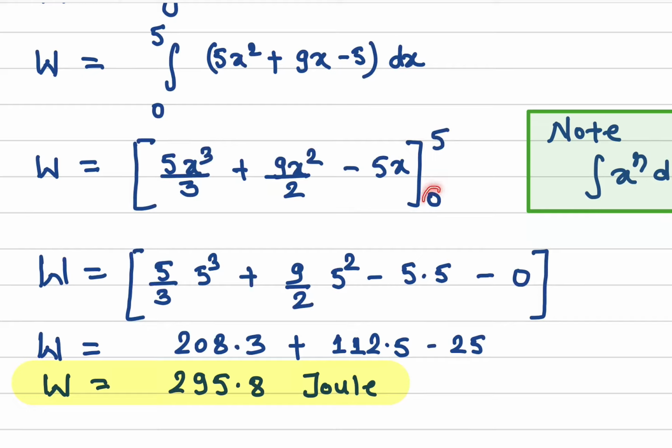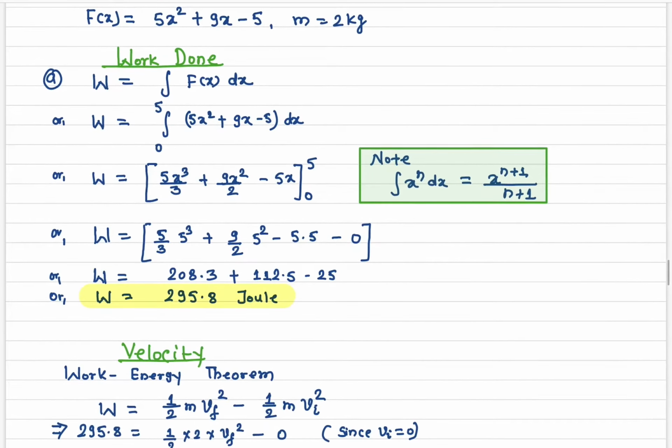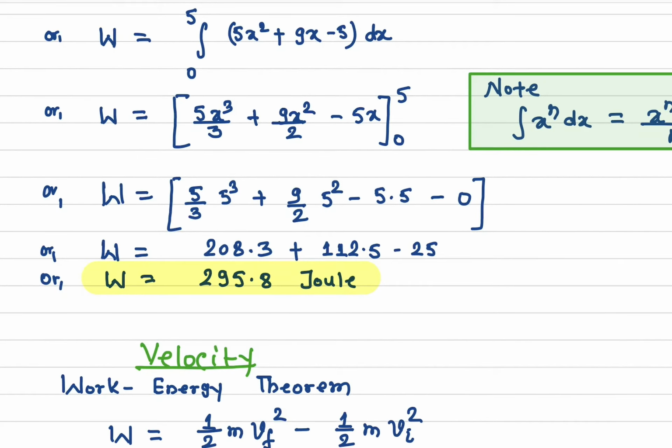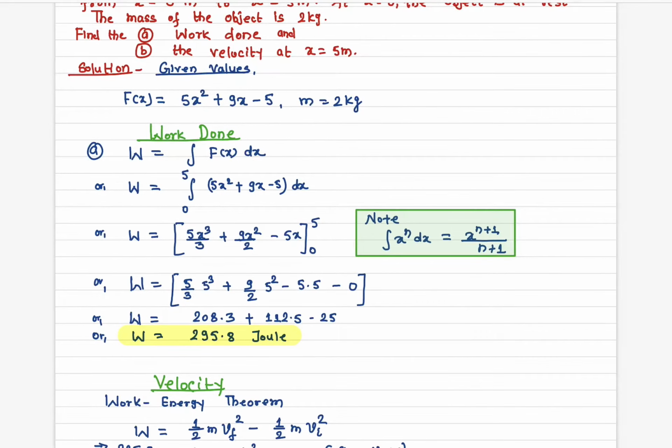And now we plug in the lower limit. Each term has x, so each term will be 0. That's the reason I put 0 here. When you do the calculation, the total amount of work done is about 296 joule. That's the total amount of work done.